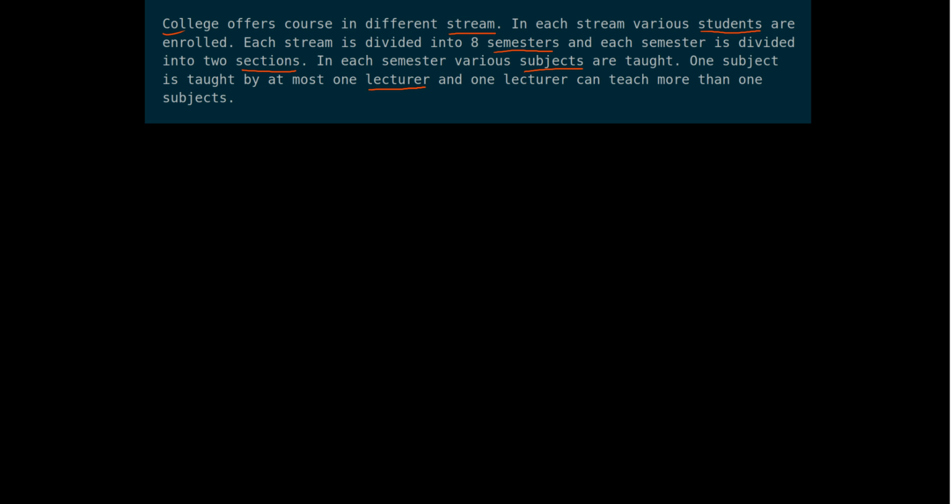Or if it is a university database, then we do not need to include the university. But if the database is about a collection of entities, an entity set, in that case you can consider university as an entity or bank as an entity. So in this case I am not including college. Okay, so these are the entities we have figured out, and we will act based on that.